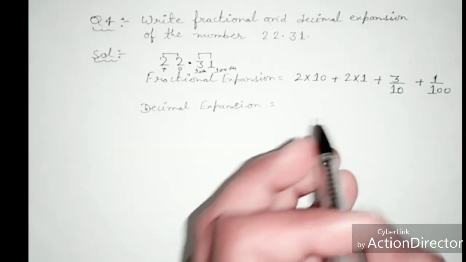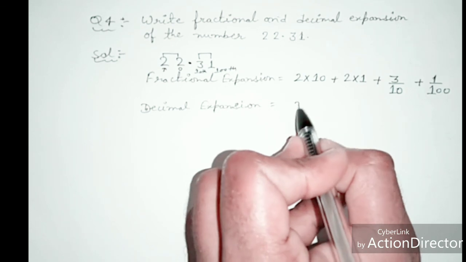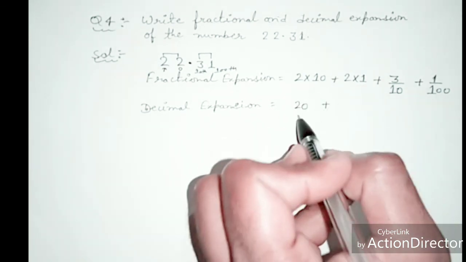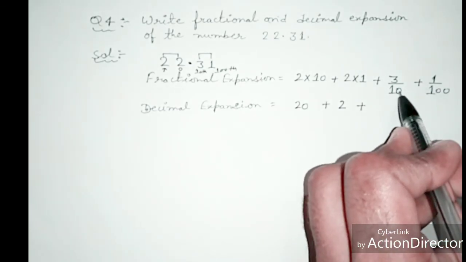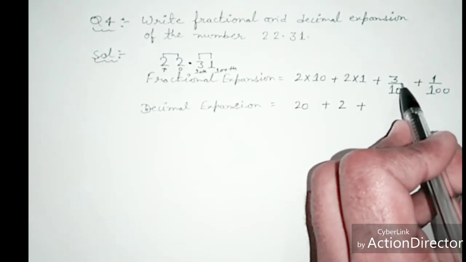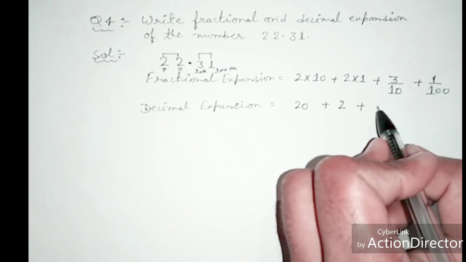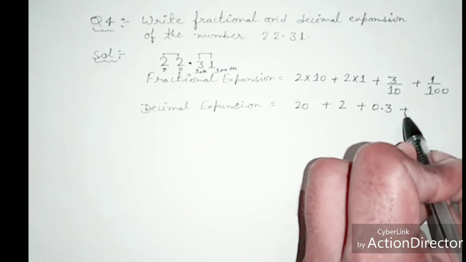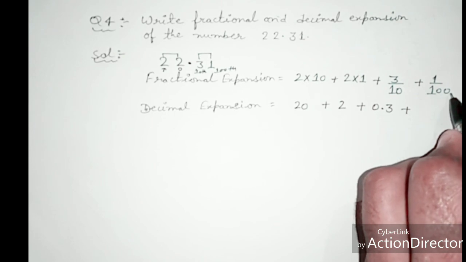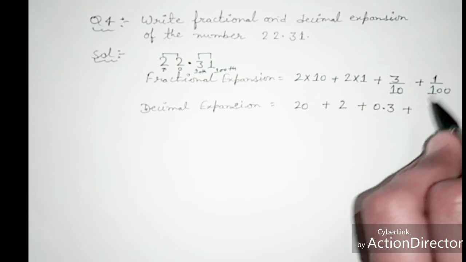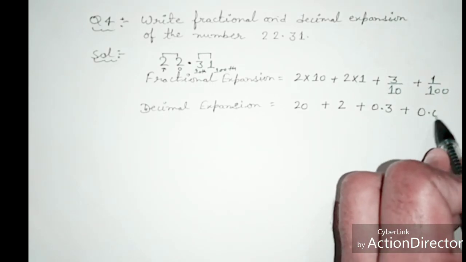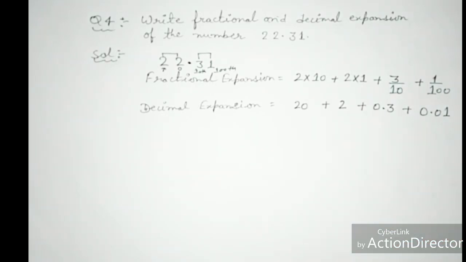In decimal expansion we write 20 plus 2, 2 tens are 20, 2 ones are 2, plus here 10 has only 1 zero, so the decimal shifts to the left hand side by one place, so 0.3, plus here 100 has 2 zeros, so the decimal shifts two places to the left hand side, 0.01. So these are the fractional expansion and decimal expansion of the number 22.31.